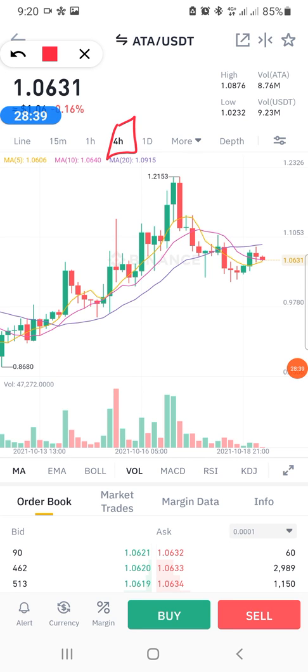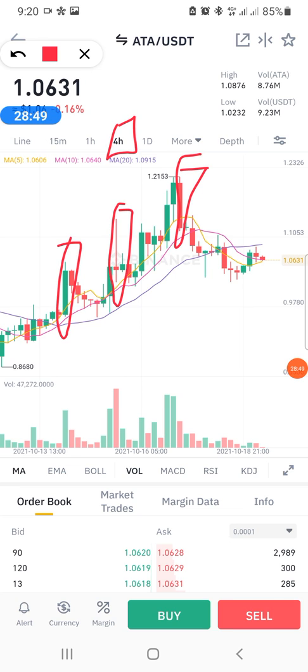What this actually means is that all these lines, we call them candles. One candle here represents the movement of this coin for 4 hours. In this time frame, it takes 4 hours for a candlestick to complete its movement.